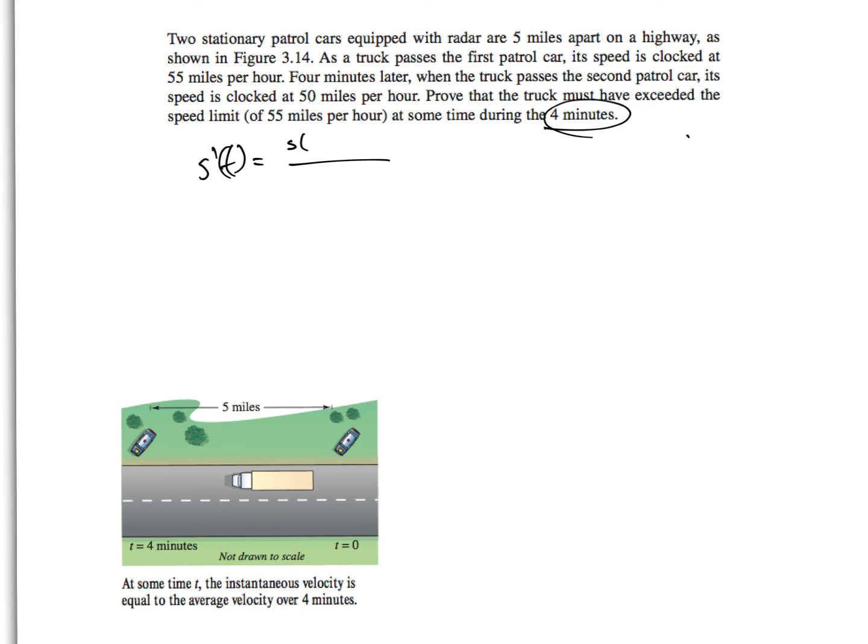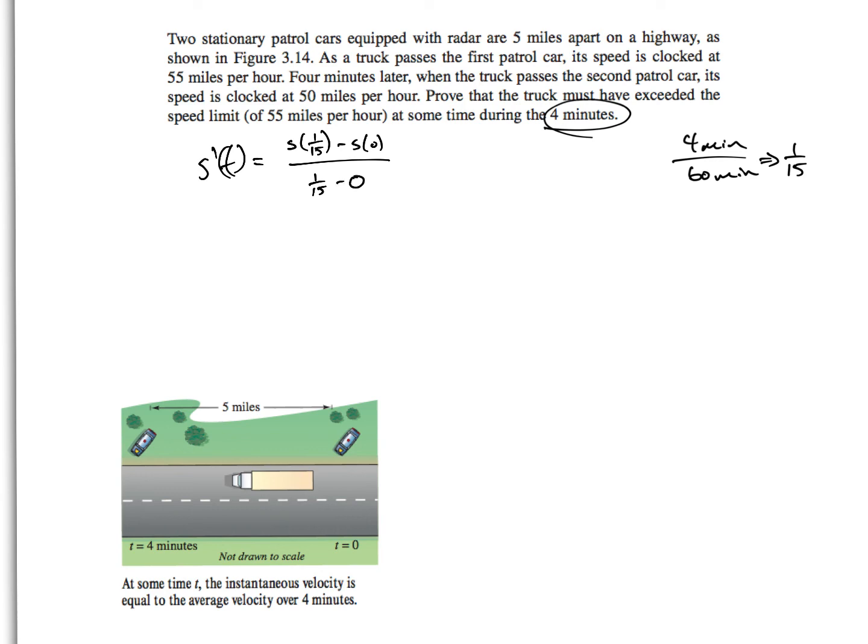So I have 4 minutes over 60 minutes, and that simplifies to 1 over 15. And so it's really S of 1/15 minus S of 0 over 1/15 minus 0.